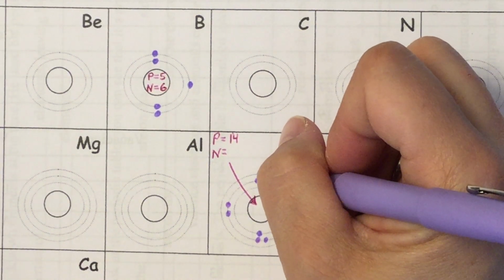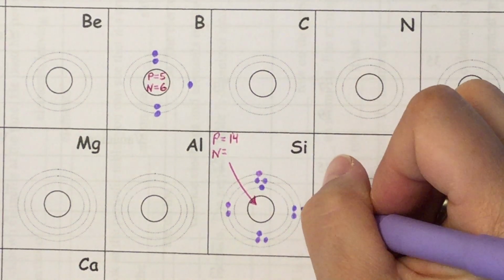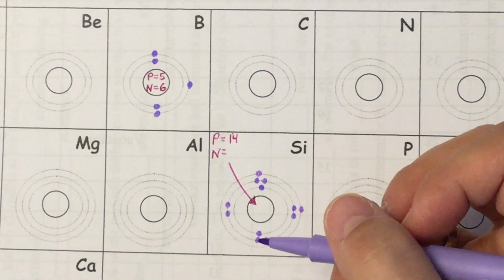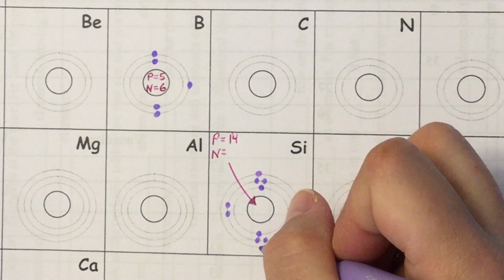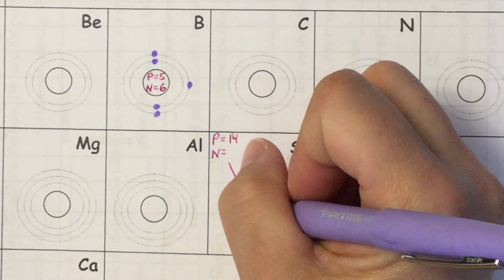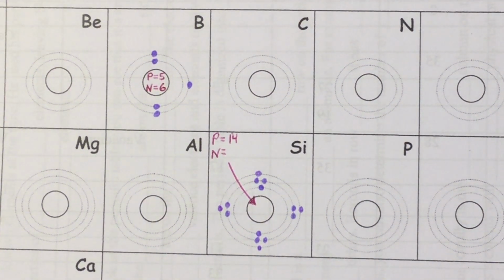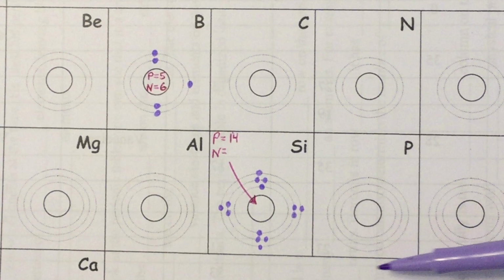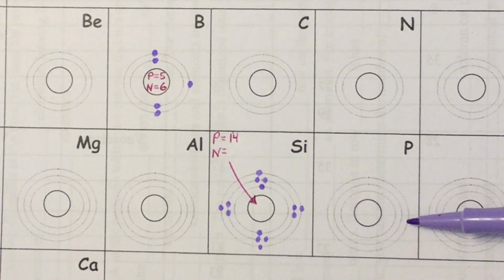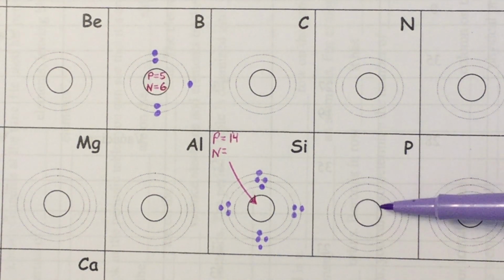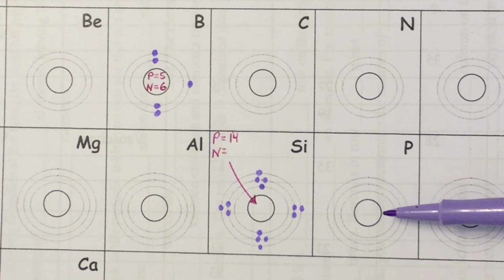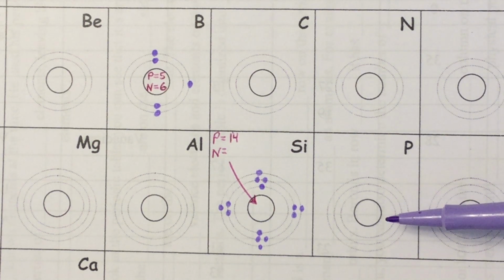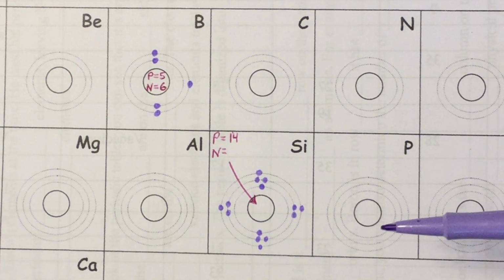Oh, I have a third row. 11, 12, 13, 14. And we stop. So if you see that your element is going to have 3 shells, then you know that all the inner shells are going to be full. That's just a quick tip.